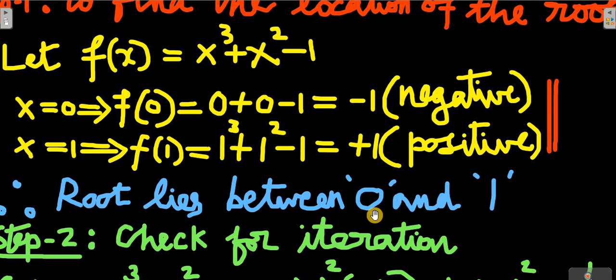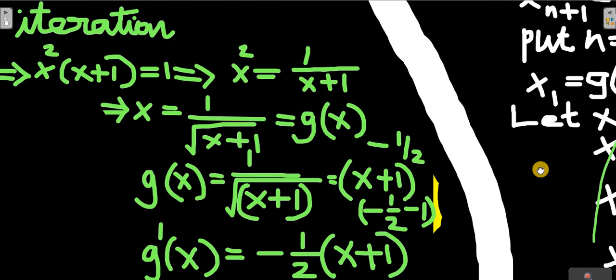Now take the absolute value of f of 0 and the absolute value of f of 1, it comes to 1. So the root must lie very close to 1.